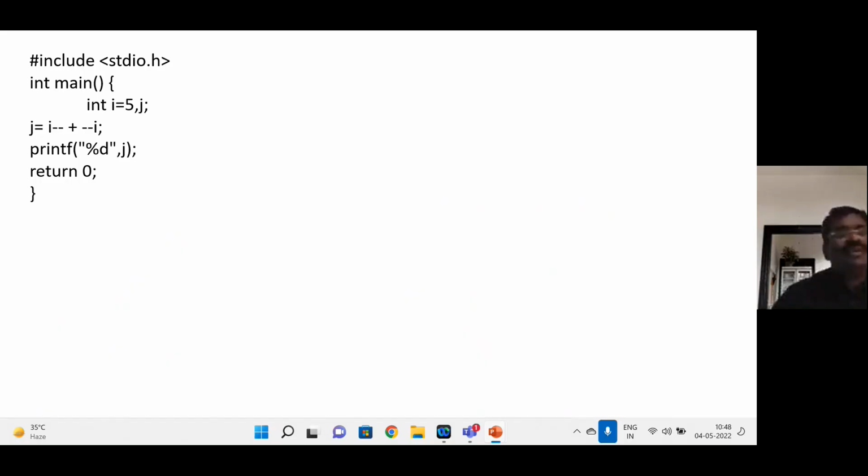Here i-- is the post decrement, meaning the first i value is taken, and after that it will be decremented by 1. And here is the pre-decrement. We are using pre-decrement, so that is 5 minus 2, equal to 3. 5 plus 3, that is equal to 8. But when you are using this question, 3.